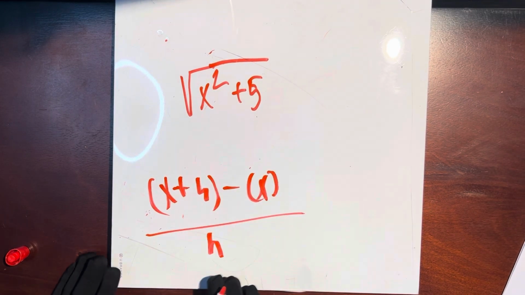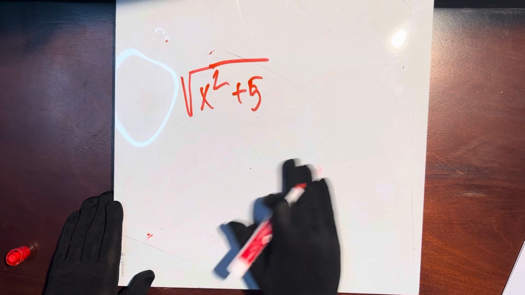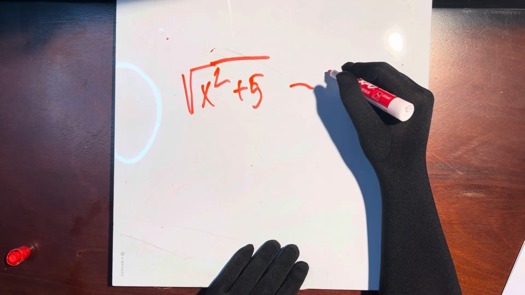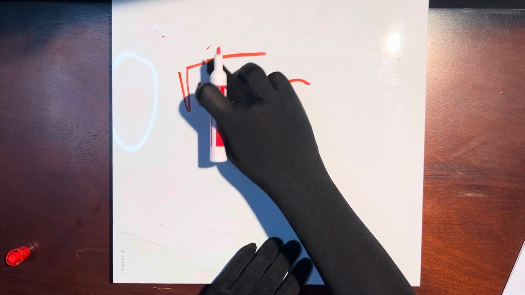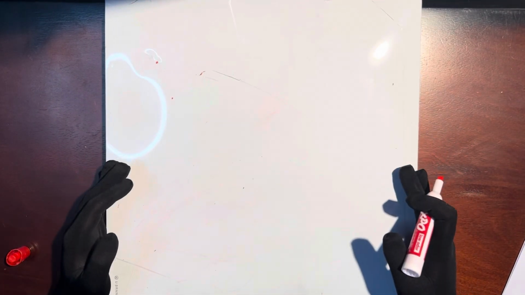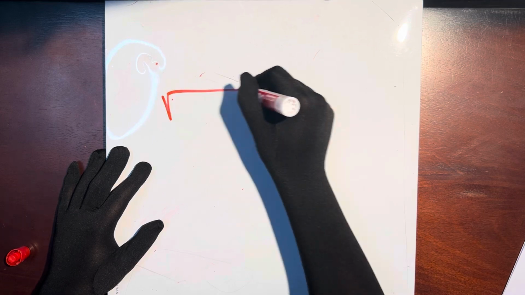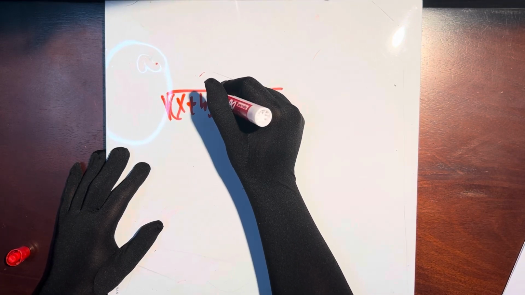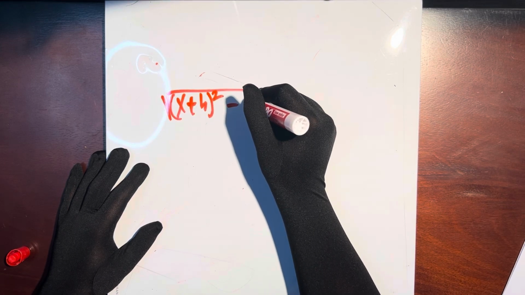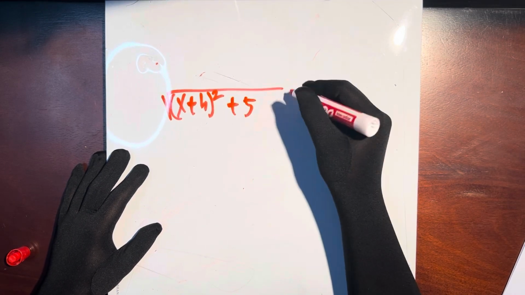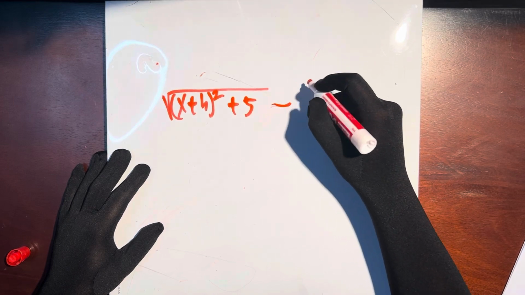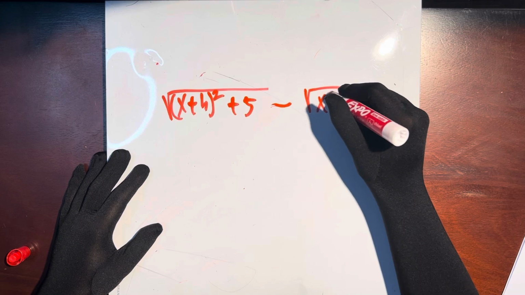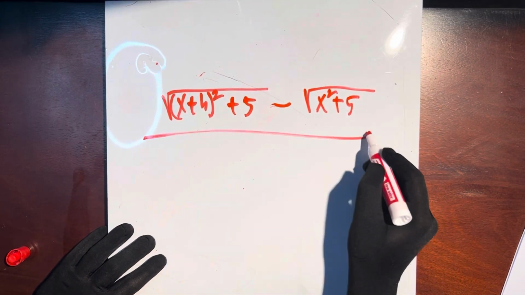Now you would plug this in and get the square root of (x plus h) squared plus 5, being subtracted by the square root of x squared plus 5, all over h.